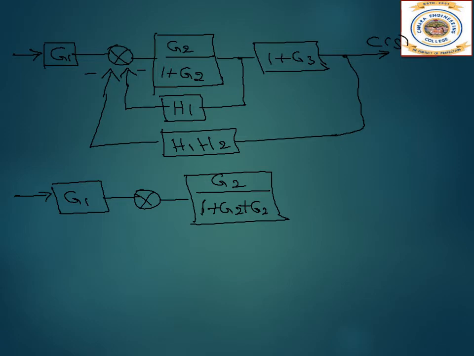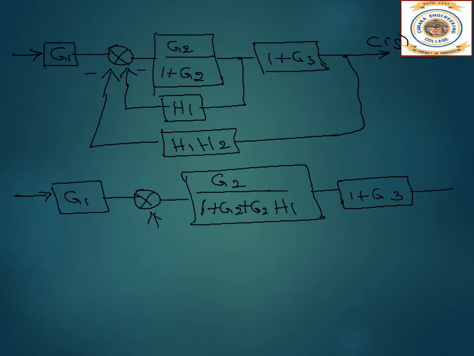So let me just erase this off. So here we get G2 H1. You simplify this, you'll get this. All right, so you have G2 by 1 plus G2 plus G2 H1. Then here we have 1 plus G3, and in the feedback we have H1 H2.